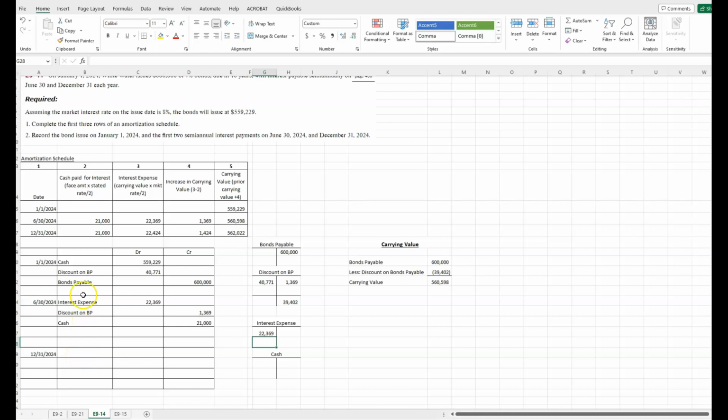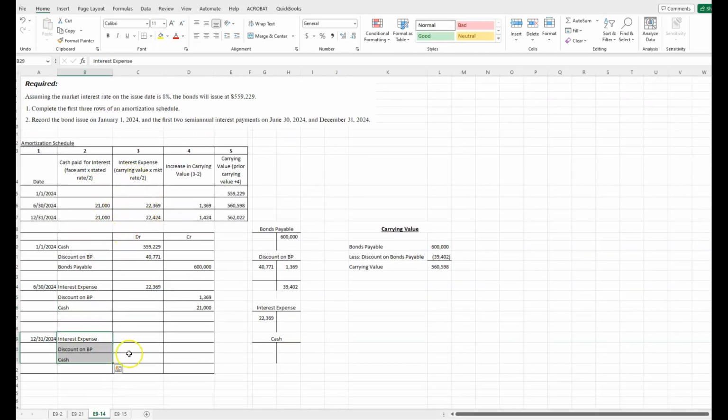So our second interest payment for the year, we use the same accounts, but we have different amounts. Our interest expense is 22,424. Our discount on bonds payable is 1424. And the cash amount remains the same at 21,000.